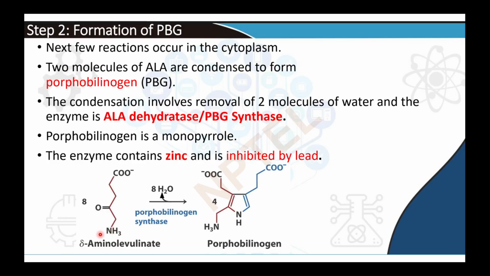Now from this delta amino levulinate, two molecules of delta amino levulinate can condense to form one molecule of porphobilinogen. So in this reaction, you can see it is given 8 molecules of delta amino levulinate. So basically, if two molecules of ALA give one molecule of porphobilinogen, that means 8 molecules will give 4 molecules of porphobilinogen, right?